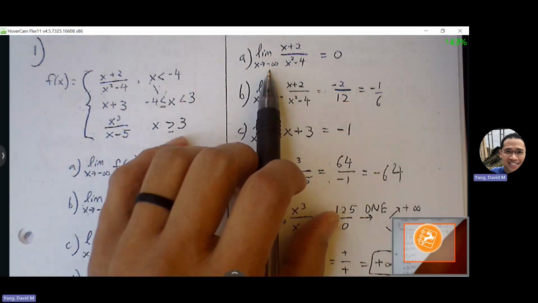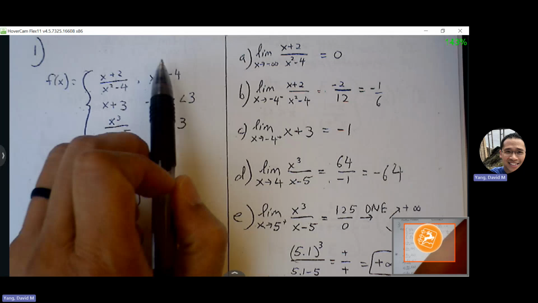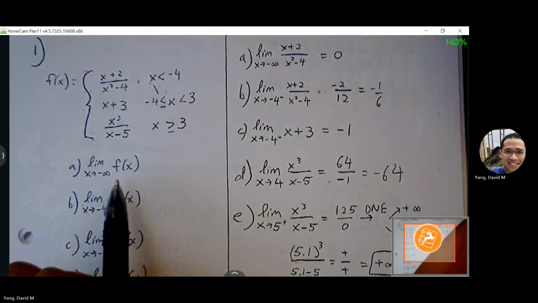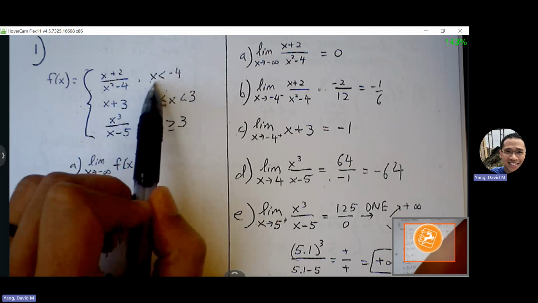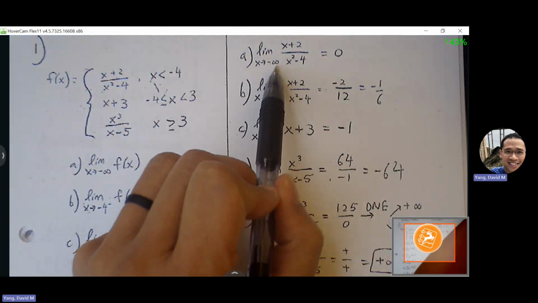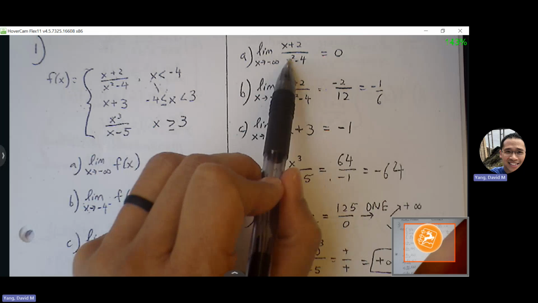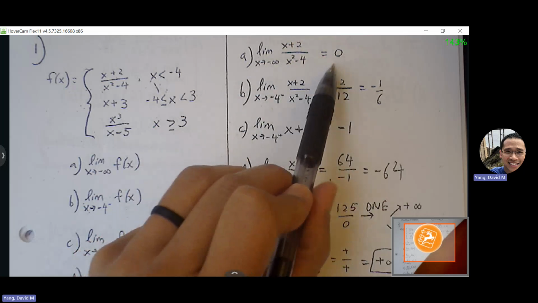So part A, we're going to pick the first piecewise because we want x approaching negative infinity, and that fits by x less than -4. So we know infinity. First thing we do is compare degrees. The degree in the denominator is higher, so we know this fraction is getting smaller, so equals 0.